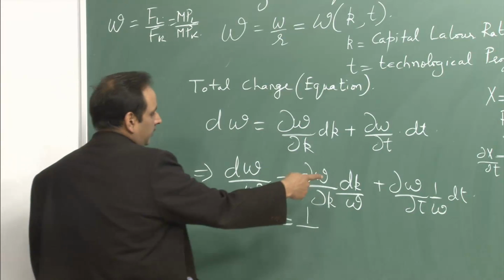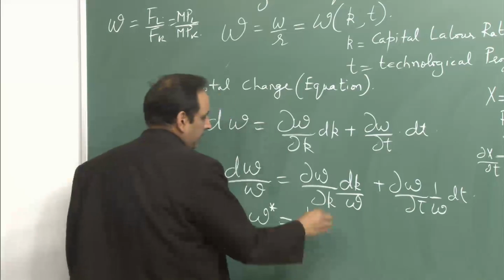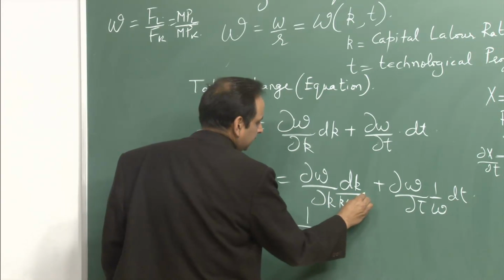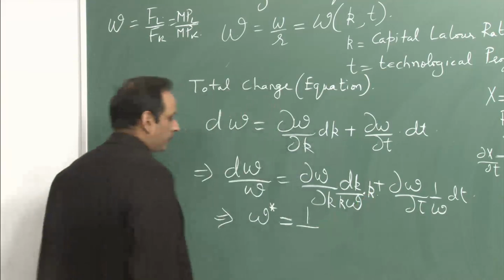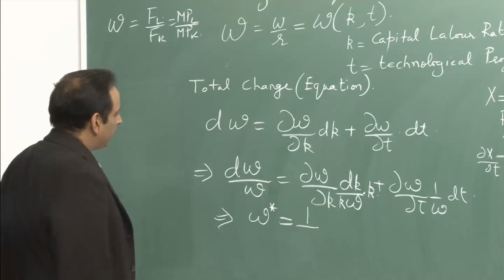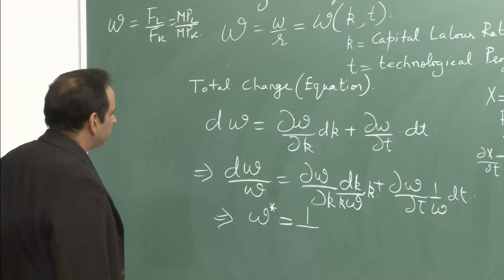This term can be written as del W by del K into K by W.